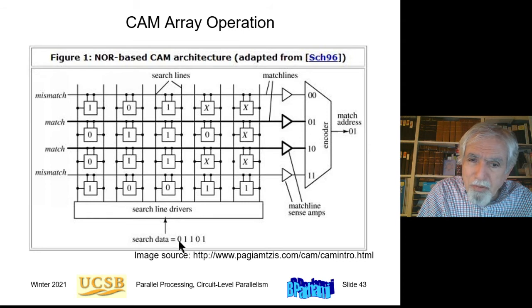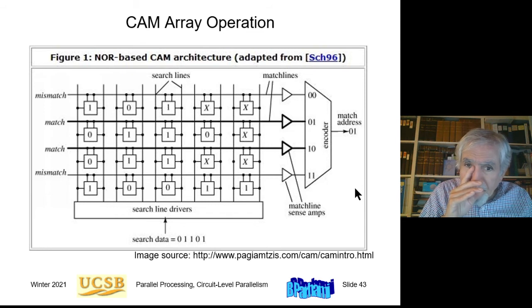So in this example, you see search data is 01101. There's a mismatch here, in the first bit. Then match 0, match 1, match 1, match 0. Remember, X matches anything, and match 1. So that's why both of these lines have matched.